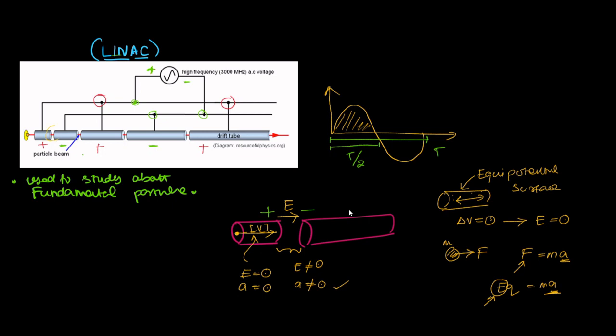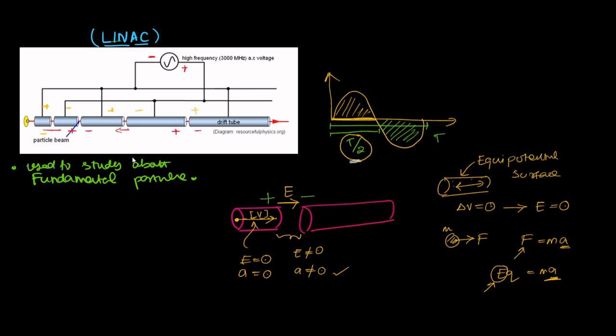At each and every gap between two tubes, it is going to get accelerated. The potential is going to change. The tube which was positive becomes negative after T by 2 time.